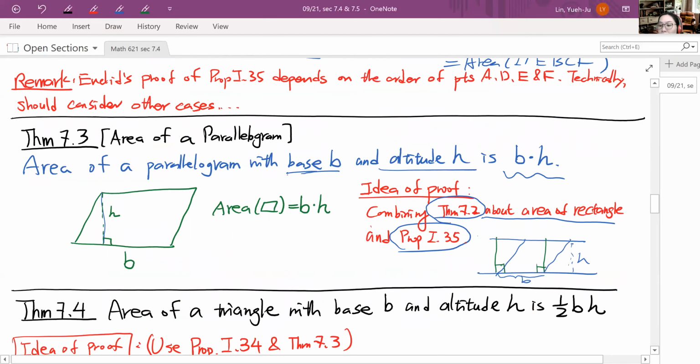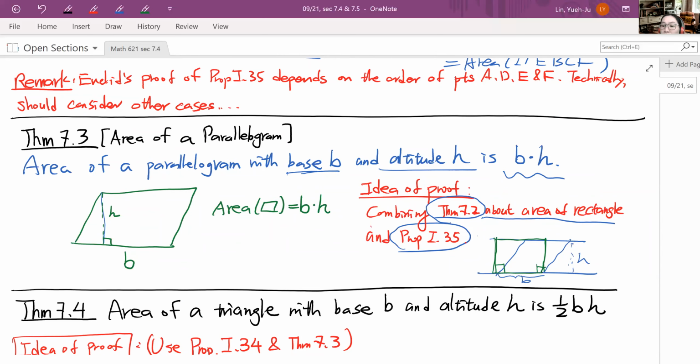This rectangle has the same base as the parallelogram, with the same height, and they're in the same parallels. So by proposition 1.35, they should have the same area because they share the same base and are in the same parallels.